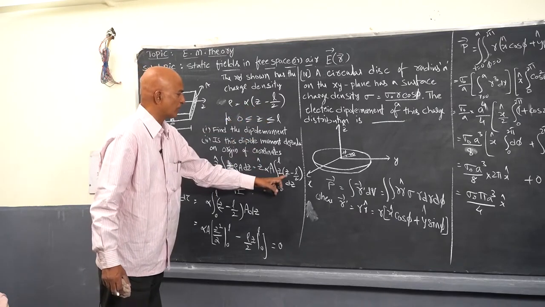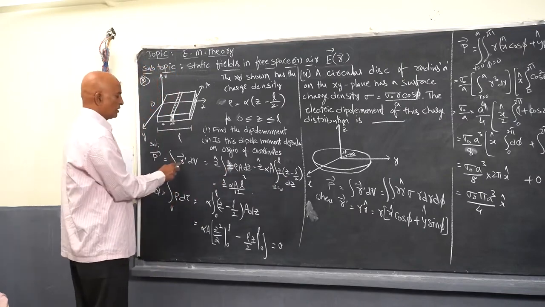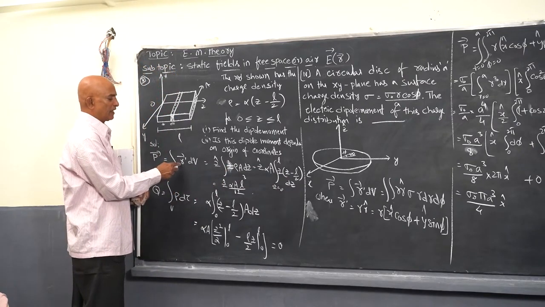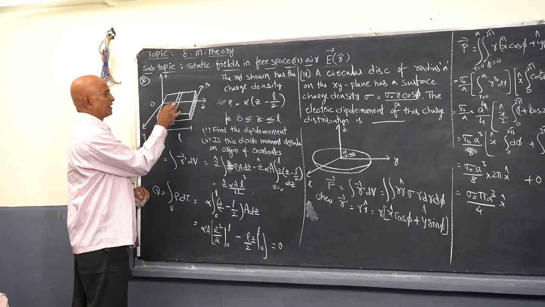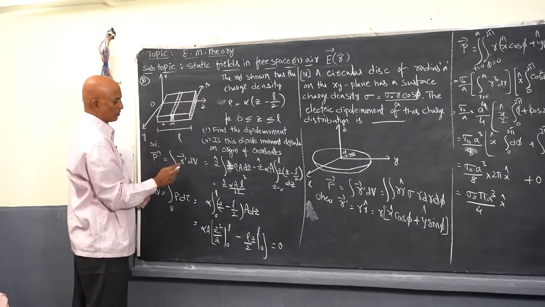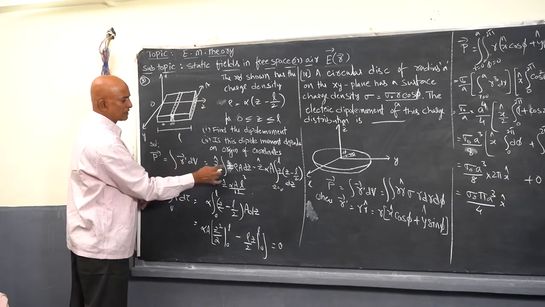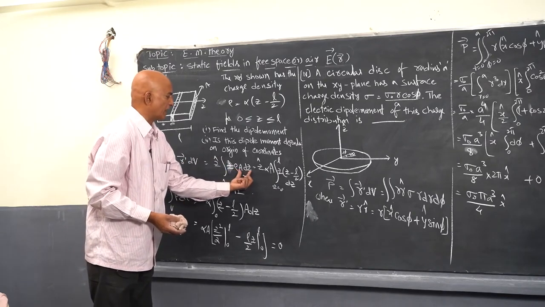So here r prime is what? The vector representing the charge element. This is the charge element, so the vector representing it has magnitude z and direction z cap. So in place of r prime, I have written z into z cap, and in place of the volume element d tau, I have written A dz.